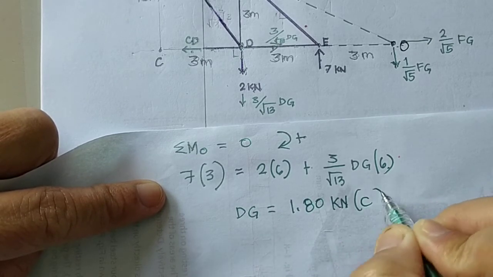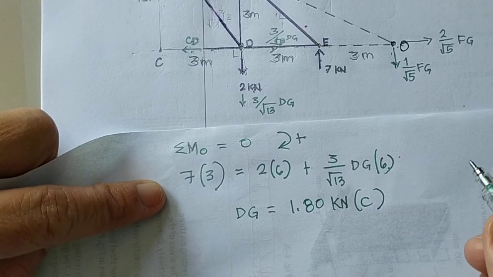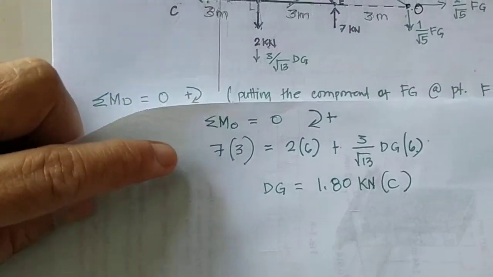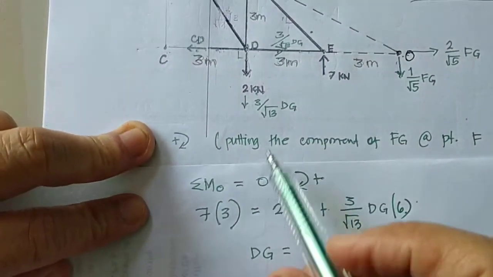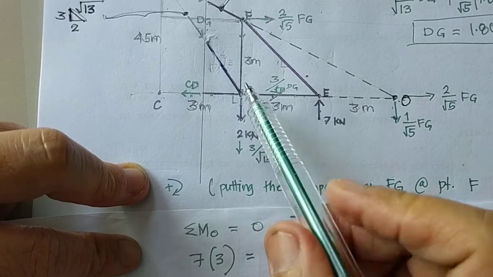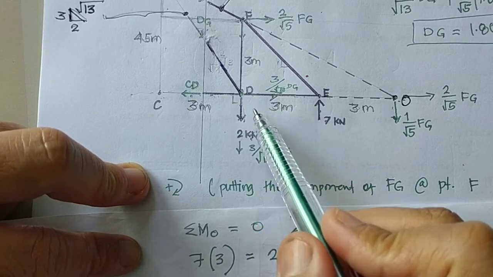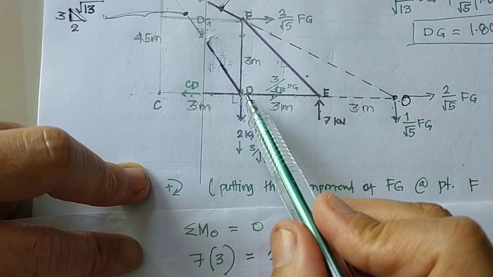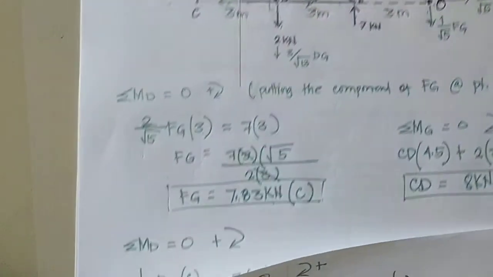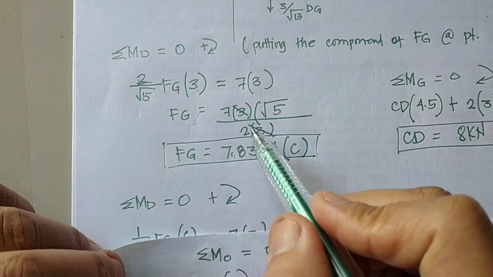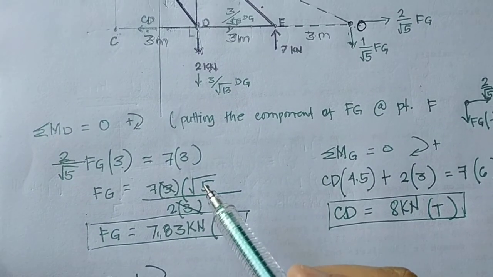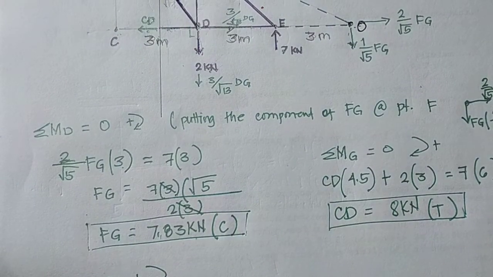It's compression. What I'm trying to emphasize here is that you must choose the point where you can eliminate as many forces as you can, so you can lessen the computation and avoid confusion.